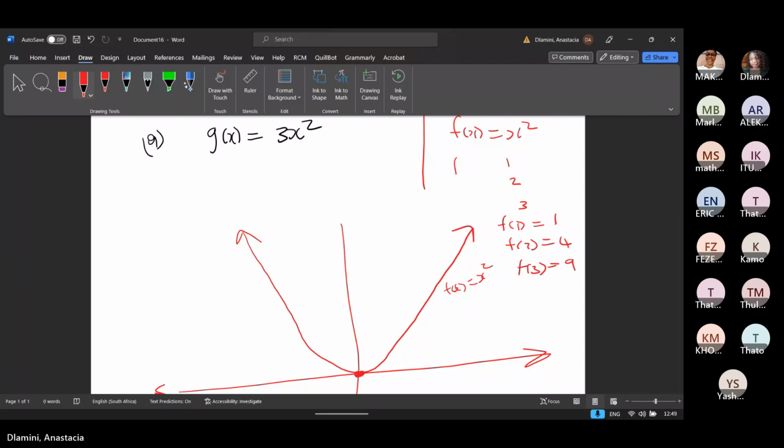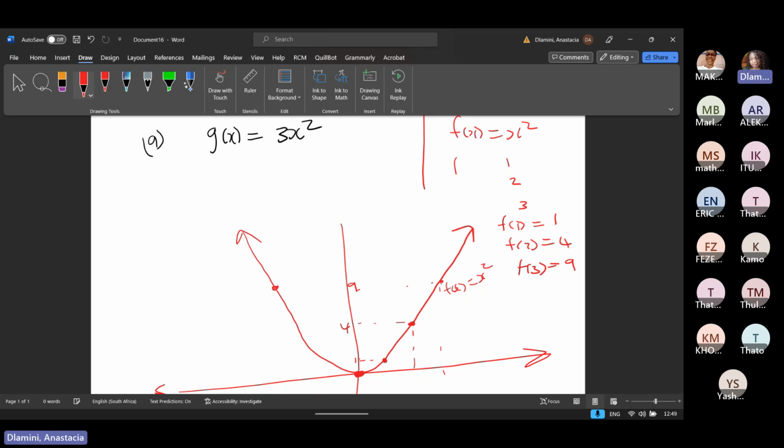So let's say this is 1, and this will be equal to 1. This is 2, so this will be equal to 4. And this is 3, and this is equal to 9.